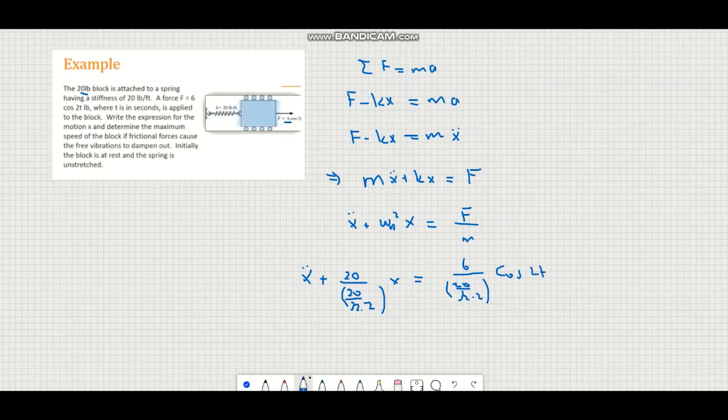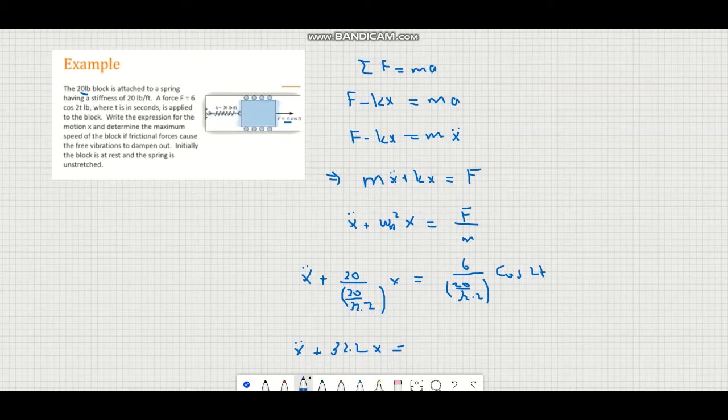So if we simplify it, the x double dot plus 32.2x stays here, and this is equal to, we need to divide this term.